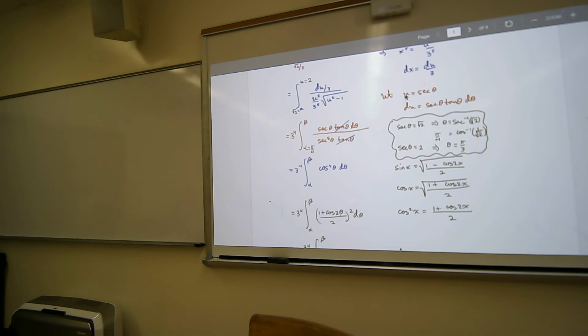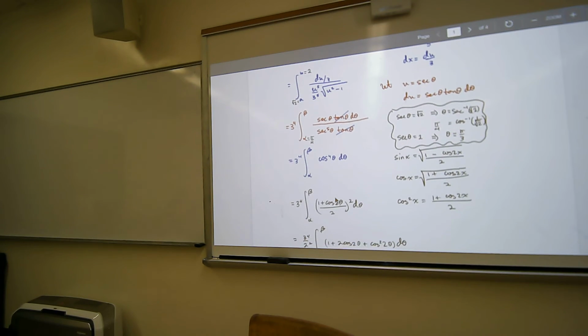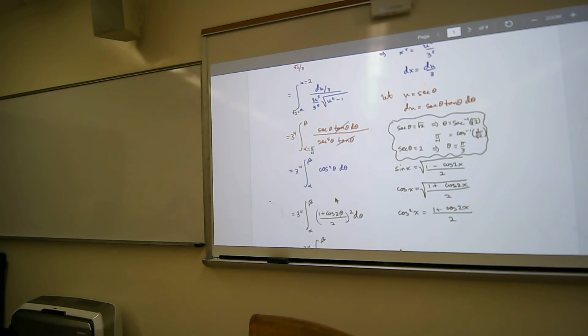And just remember that u was 3x. So along the way, when you look back at this, you'll see that I figured out the new limits of integration every time I changed variables, which was done twice. First u, which was trivial, and then theta.